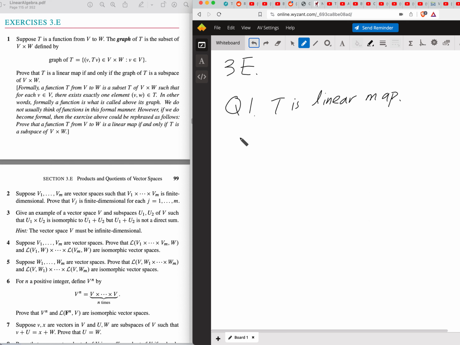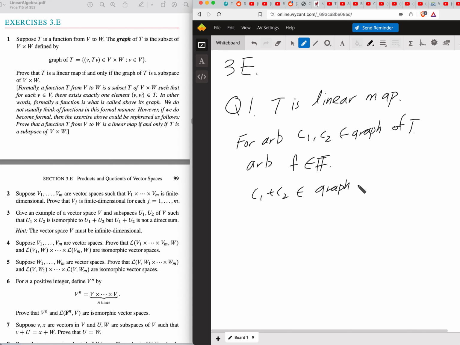So given that this is a linear map, we want to show that for arbitrary c1, c2 in the graph of T, and also for arbitrary F in the field of scalars, we have c1 plus c2 is still in the graph of T, and also F times c1 is also in the graph.